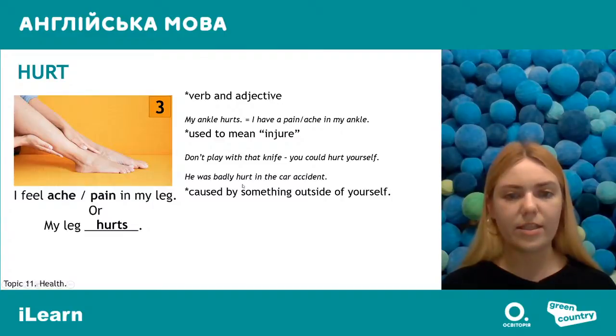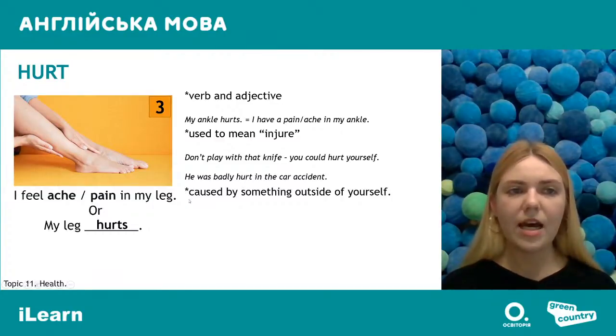He was badly hurt. Він був поранений. And we use hurt as a verb when something or somebody caused this problem. Використовуємо hurt, коли щось ззовні спричинило цю проблему. Наприклад, knife. You can hurt yourself with a knife. Можна поранитись ножем, або хтось інший може поранити.